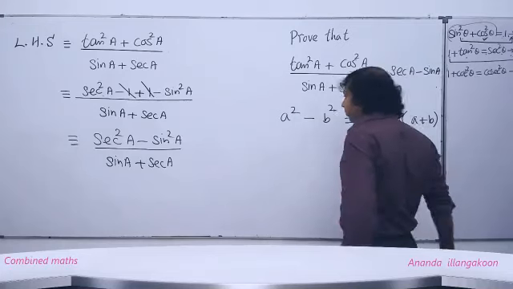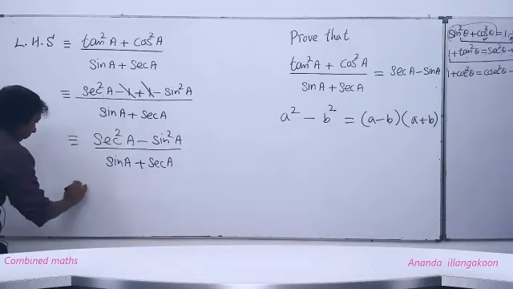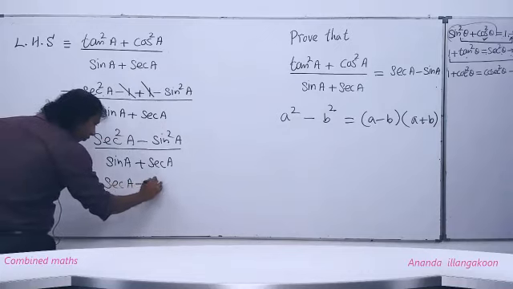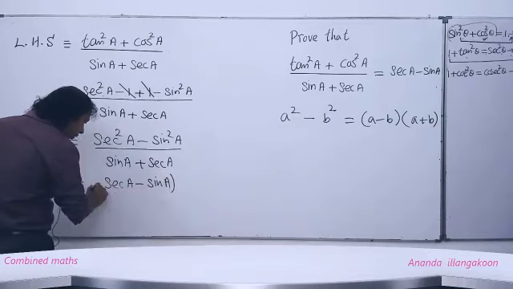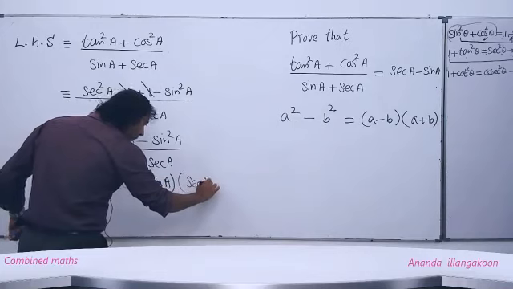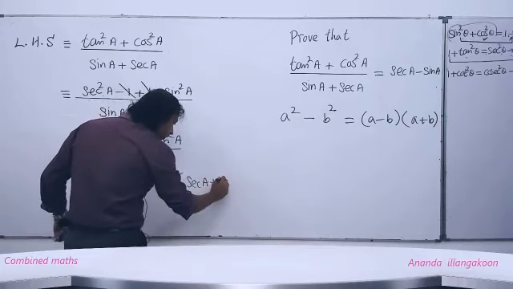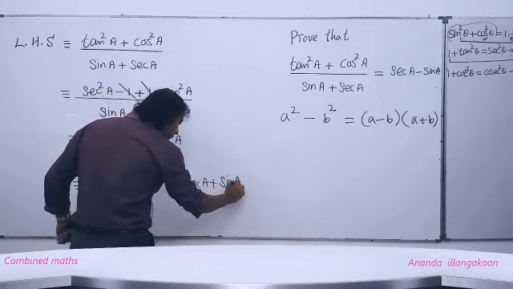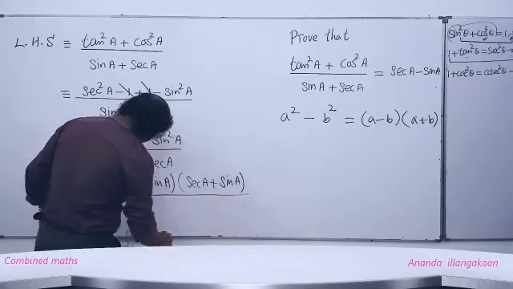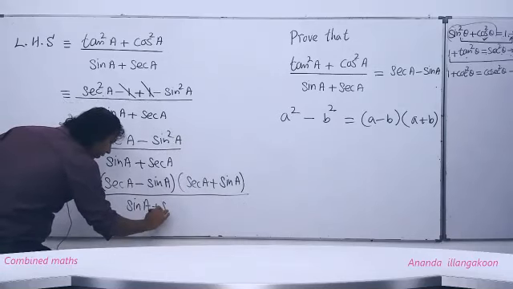Then here we can write this as (sec A minus sin A) and (sec A plus sin A), divided by sin A plus sec A.